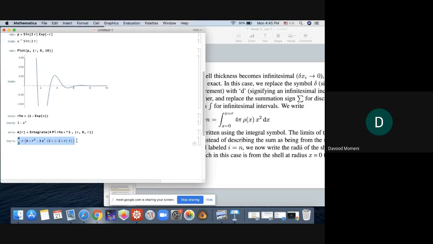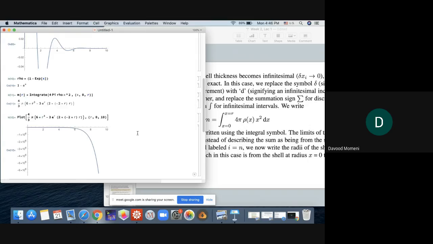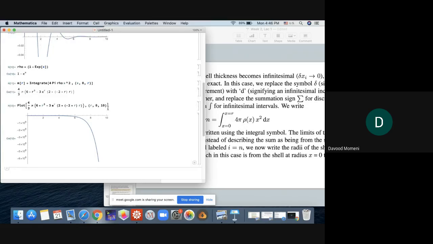And then it is interesting to plot this mass and see the relation. Maybe this 10 is very large. So this is the mass.